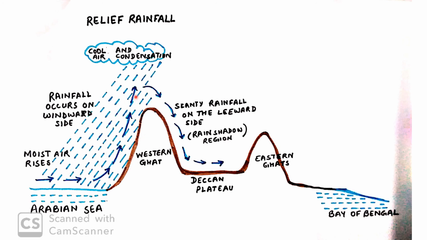This kind of situation, where an obstruction forces the moisture-laden winds to give rainfall, is known as relief rainfall. So in all the places of India, what kind of rainfall is received? Relief rainfall.